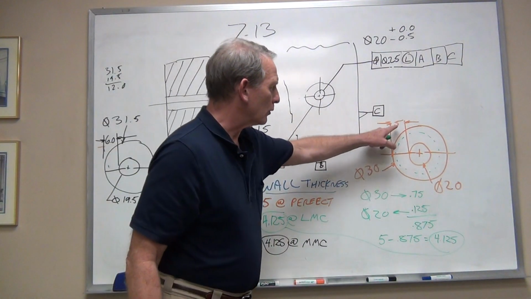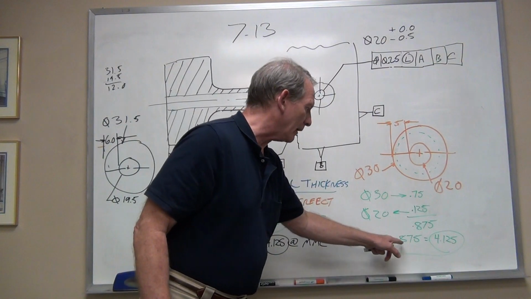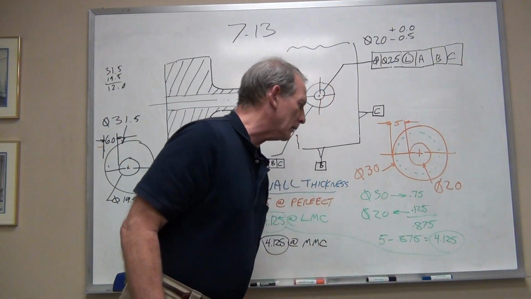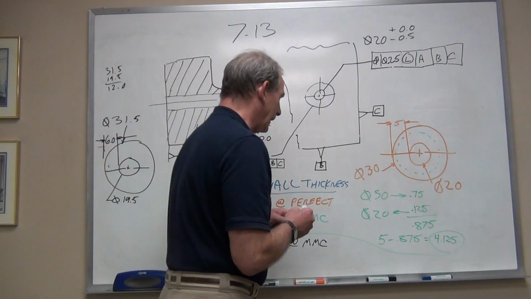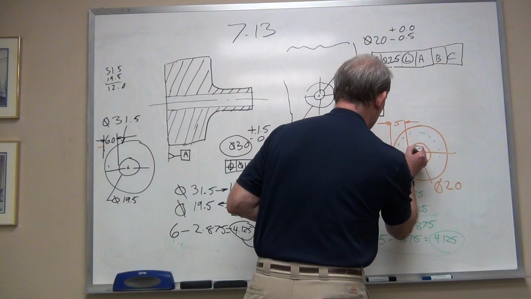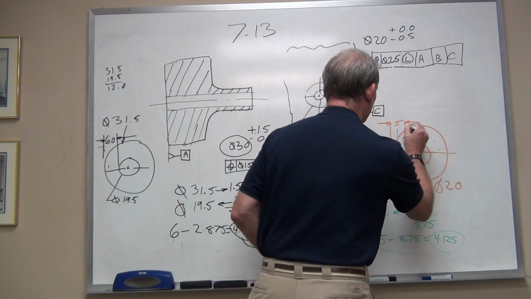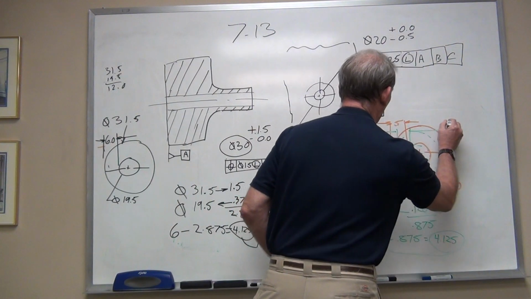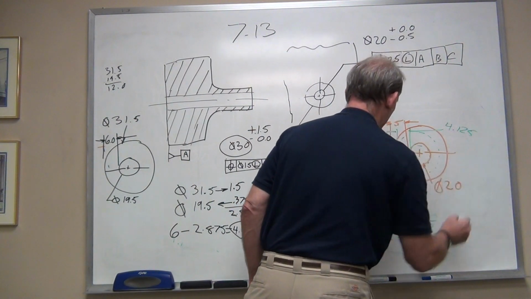So when they're perfect, it's 5 millimeters. So we'll subtract 0.875 from that 5, and we'll end up with 4 1/8, 4.125. So in the worst case, where the holes are going the wrong way, we're going to end up with a worst case wall thickness at least material condition of 4 1/8.